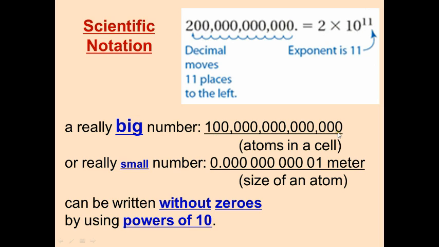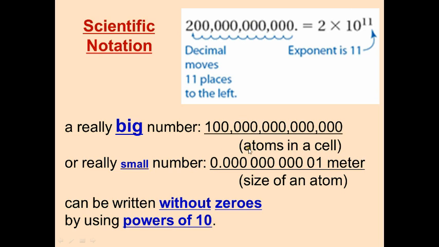So let's do this one. First we have to move the decimal spot so there's only one non-zero digit in front, so we put the decimal right here. You have to pass 1, 2, 3, 4, 5, 6, 7, 8, 9, 10, 11, 12, 13, 14. So 14 zeros we have to pass.